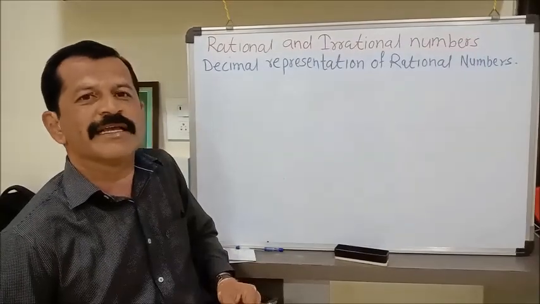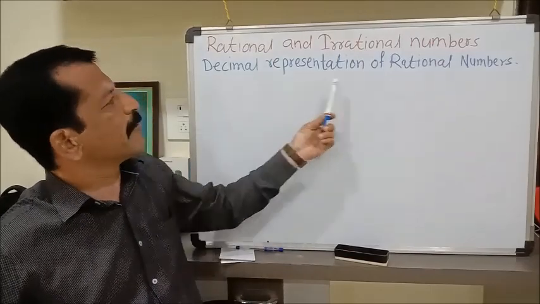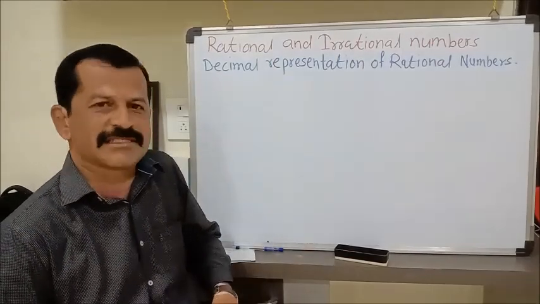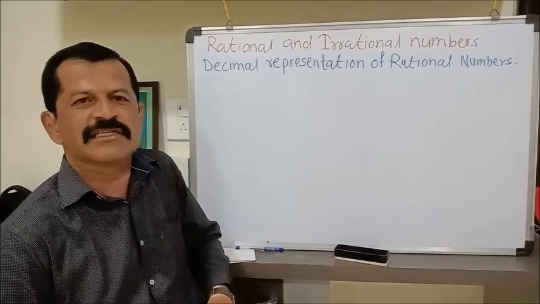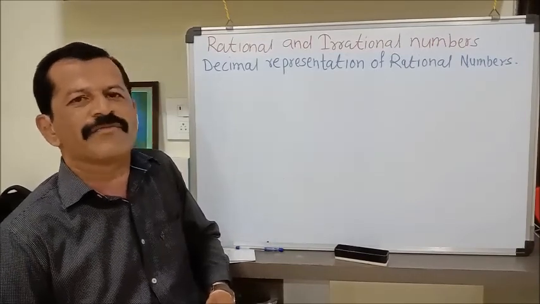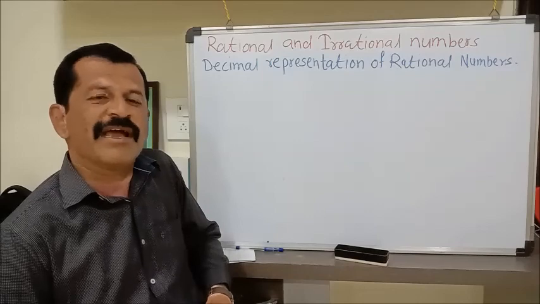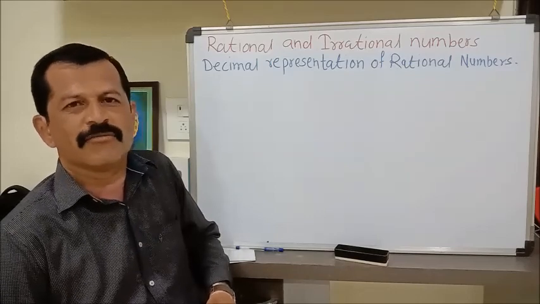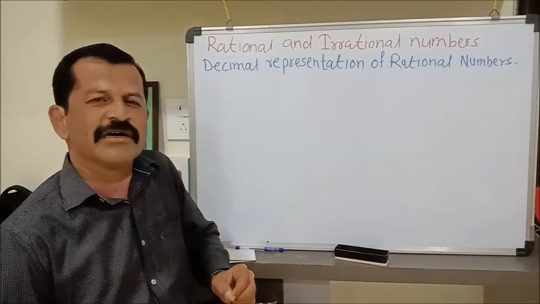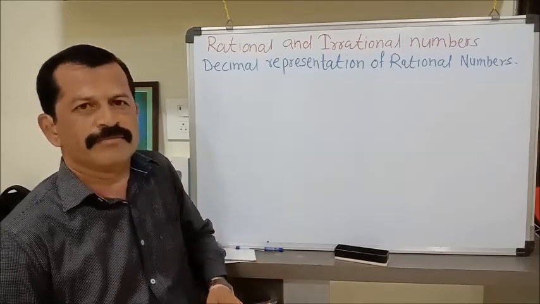The next topic is decimal representation of rational numbers. Rational numbers mean we can write the numbers in numerator and denominator form, but when we divide the numerator by the denominator, we can write the rational number in decimal form.